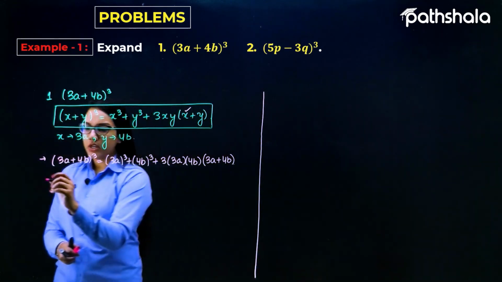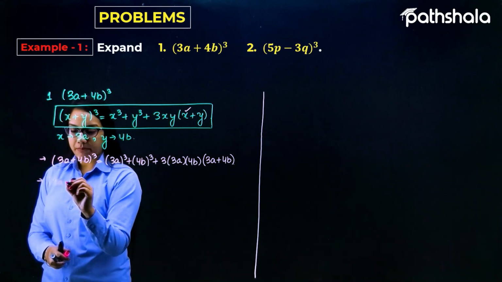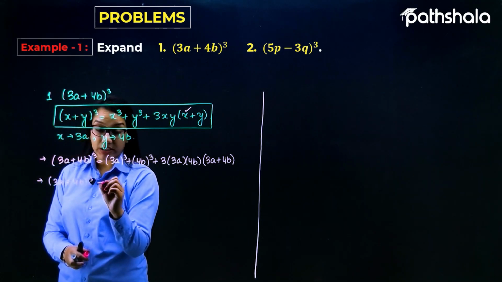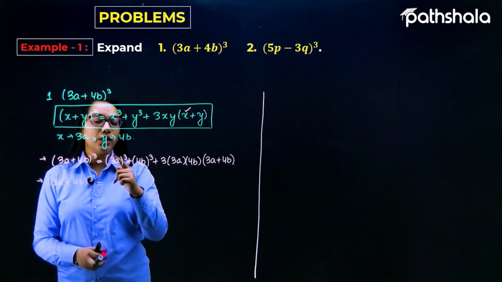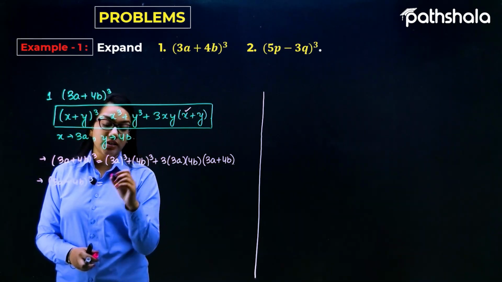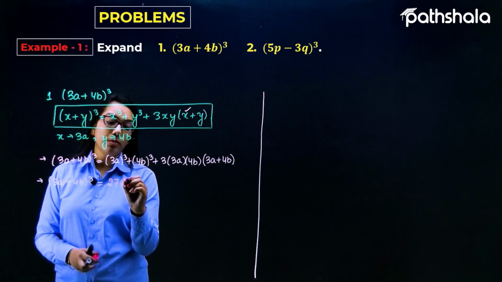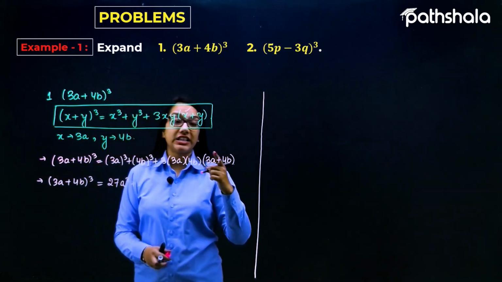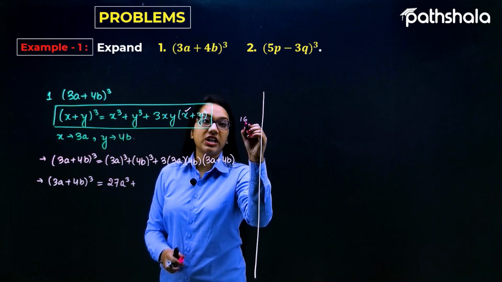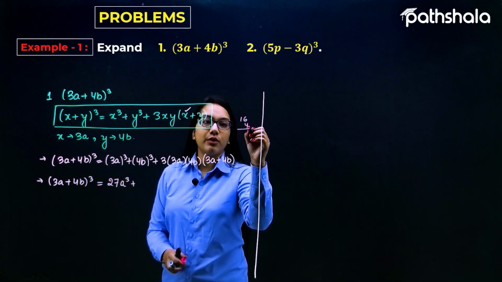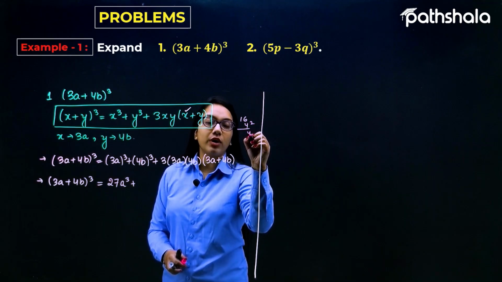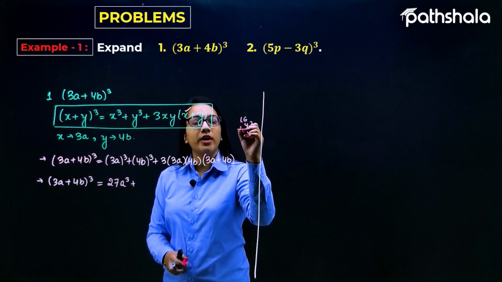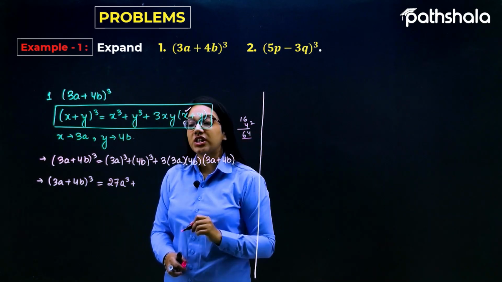Now let's solve it. So (3a plus 4b) whole cube is equal to (3a) whole cube. 3 into 3 is 9, 9 into 3 is 27, so it is 27a cube plus 4 into 4 is obviously 16, and 16 into 4 is 64.